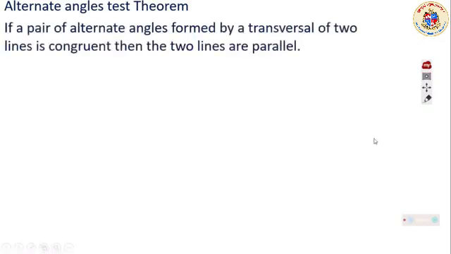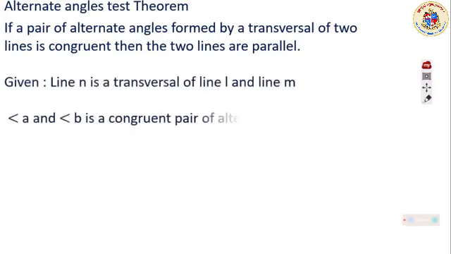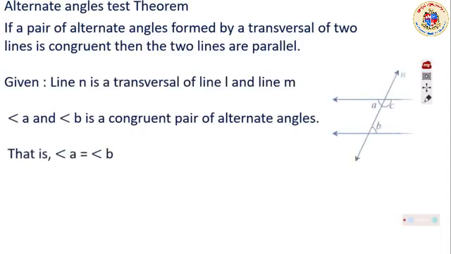If a pair of alternate angles formed by a transversal of two lines is congruent, then the two lines are parallel. Angle A is congruent to angle B is given, and they are alternate angles because they are on either side of the transversal. So we can prove that line L is parallel to M.